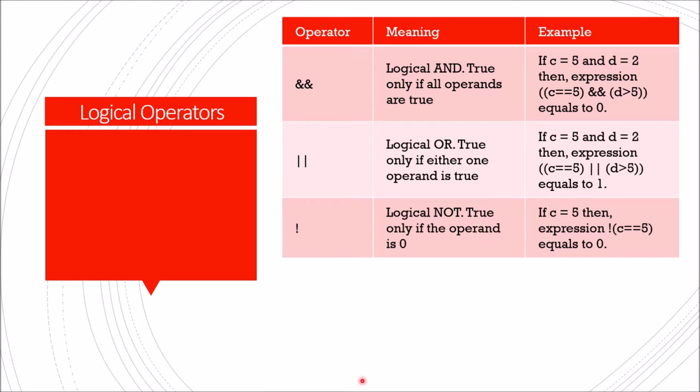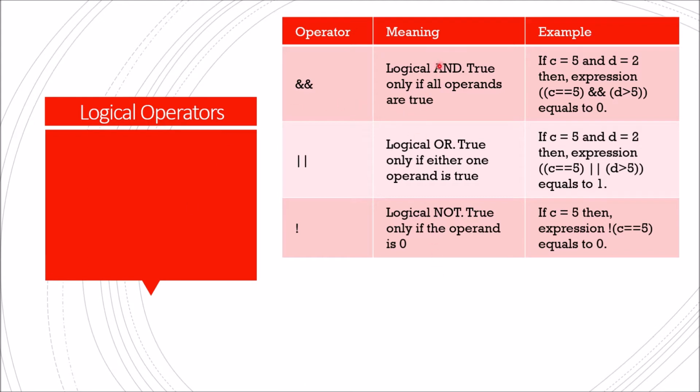So let's start by considering they take the values of true or false of any of the operands, and they will return a value of the same type, so true or false also.